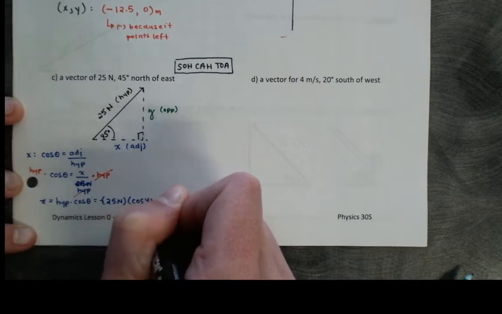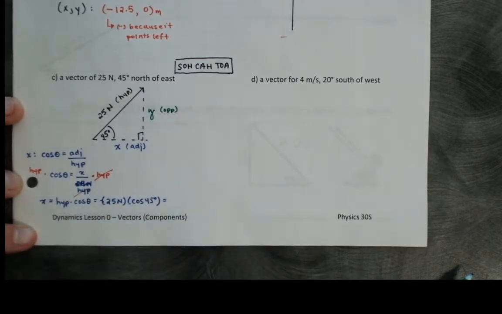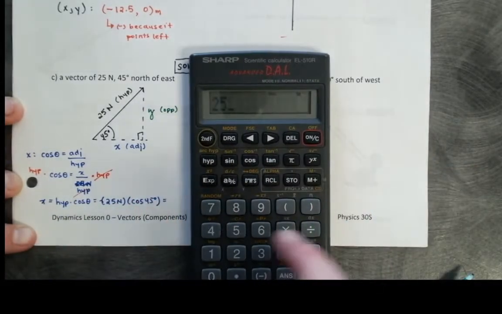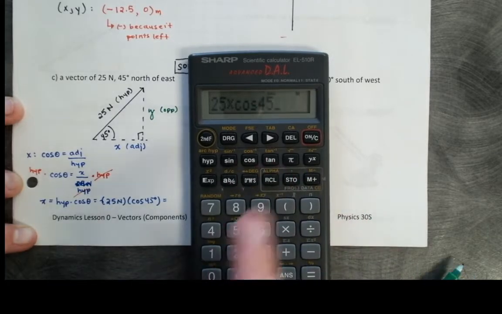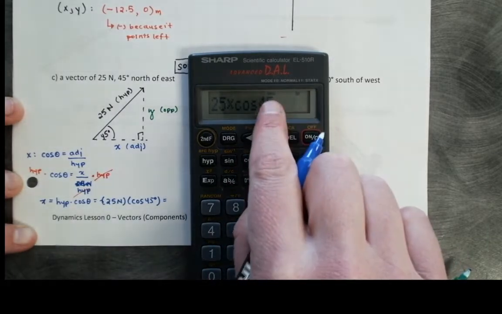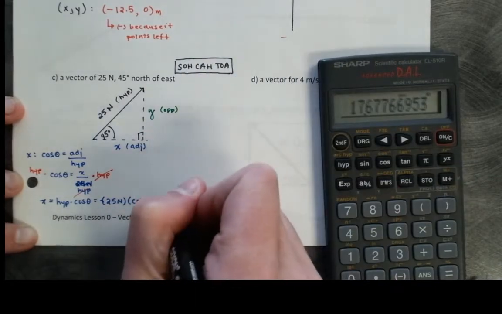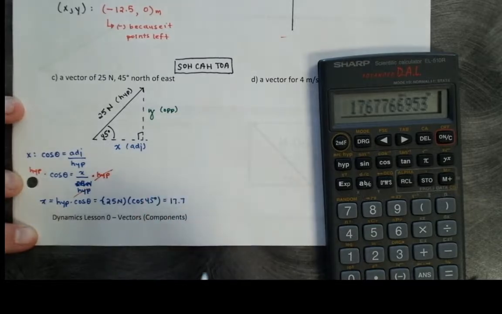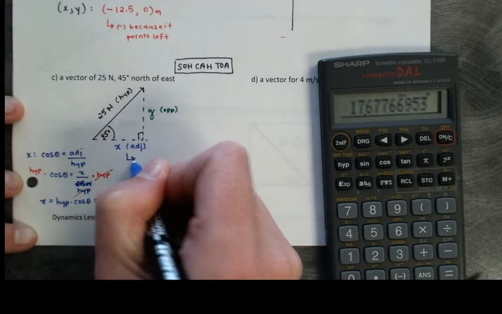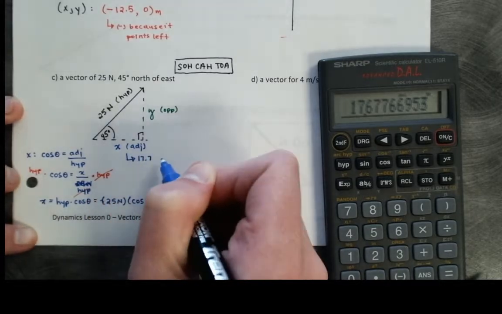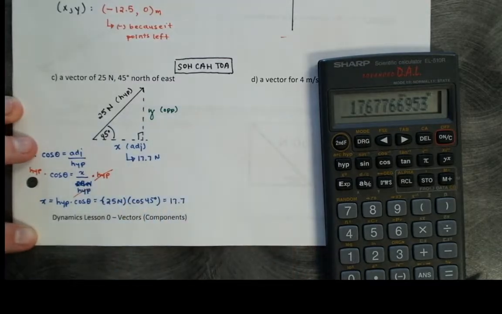Cosine of 45 degrees. So we can punch into our calculator 25 times cos 45. Now, note your calculator does need to be in degrees, not radians. And we get a side of 17.7. So really what this means is the x component is 17.7 newtons.